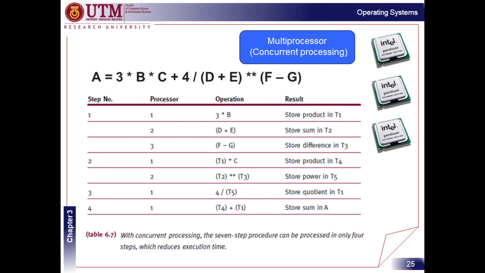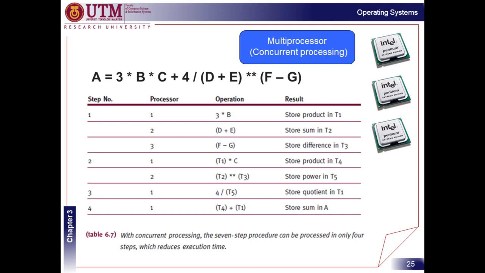In the third step, processor 1 calculates 4 divided by the value in T5 and stores it in T1. In the final step, processor 1 calculates T4 plus T1 and stores it in A.